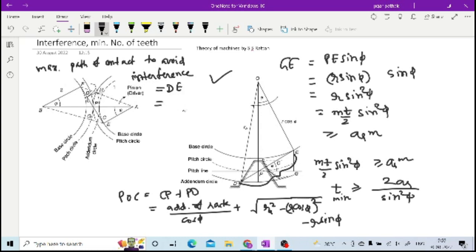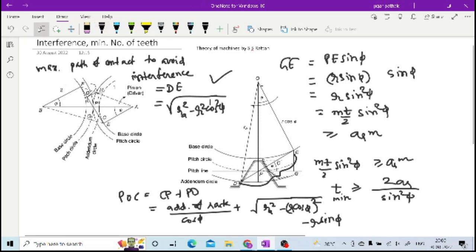And DE is nothing but RS square minus R square cos square phi. So this is how you are having these different important terminologies and important things required, right, for your gear drive.